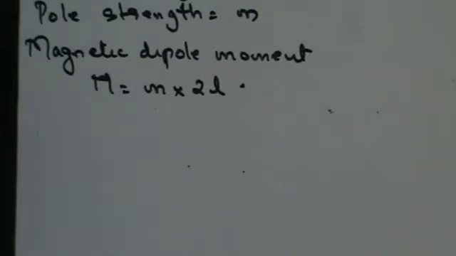Now, as the magnet is placed in a uniform magnetic field, the north pole is acted upon by a force of mB, and the south pole is acted upon in the opposite direction by a force of minus mB.